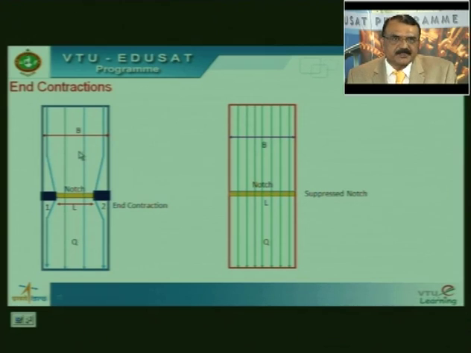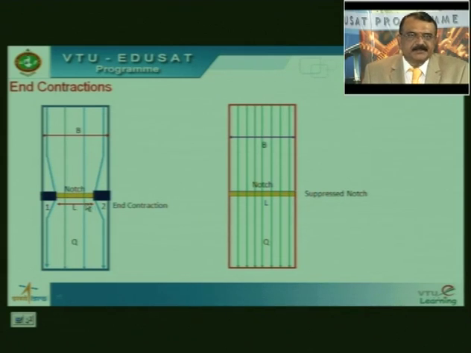This is the upstream side, this is the downstream side, water flows over this notch. In the first case, my L is less than B. I repeat, the length of the notch is less than the width of the channel. So this is called an end contraction notch.